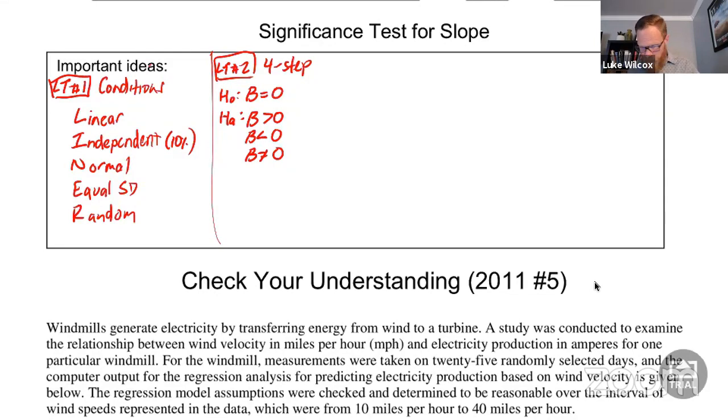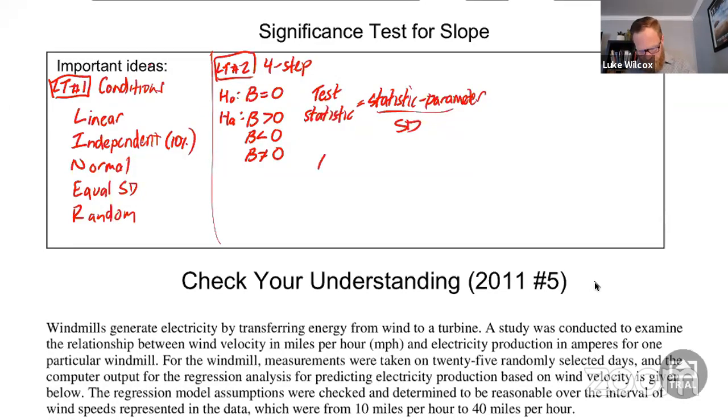All right, the other thing that I think is important in this 4-step process is the formula that you need for this. So we know the general formula for a test statistic is statistic minus the parameter all over the standard deviation of the statistic, or the standard error.